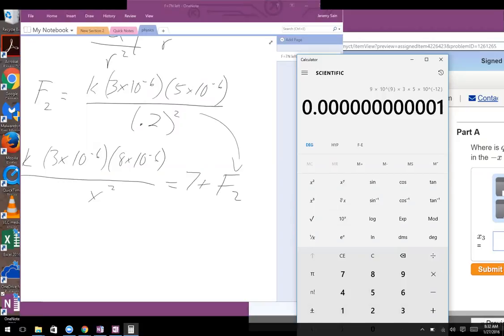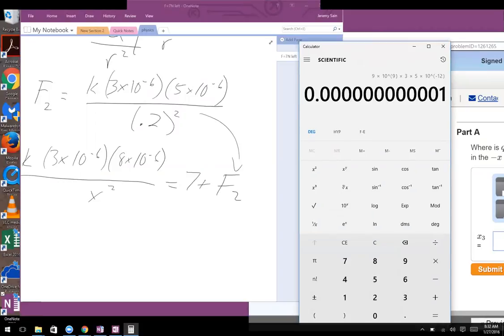So that's the numerator. Equal sign. So we're solving for that x, right? Yeah, we're solving for that x. So that's the numerator in F2, and then divided by 0.2 squared. So that's my F2, and then plus 7.